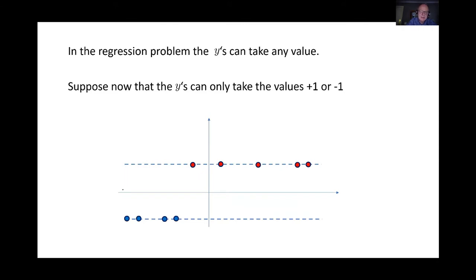We have our data vectors on this axis, and then there are only 2 values that y can take. Each data point can take either the value +1 or the value -1. So that means we are probably going to try to divide our data vectors into 2 sets, those that have the +1 and those that have the -1.